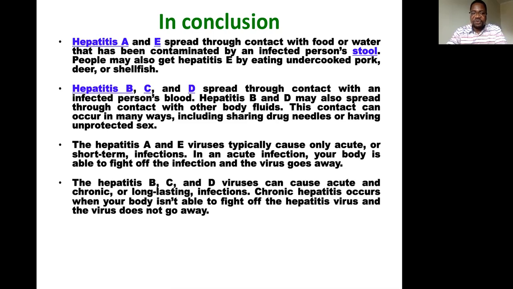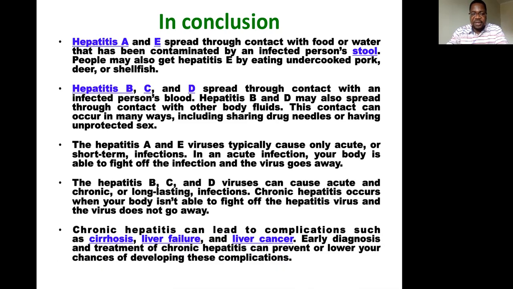They lead to cirrhosis, liver cancer, and many complications that are associated with chronic hepatitis. Cirrhosis, liver failure, liver cancer, and most of the chronic hepatitis-related deaths are mainly the result of B, C, and D.